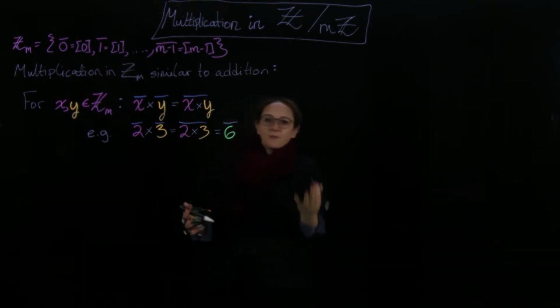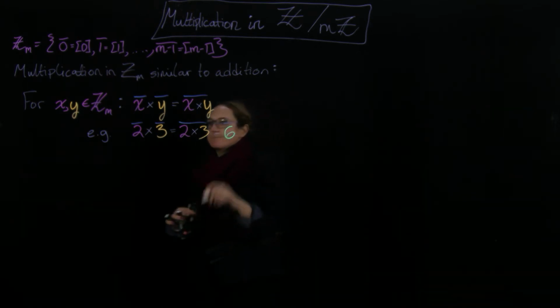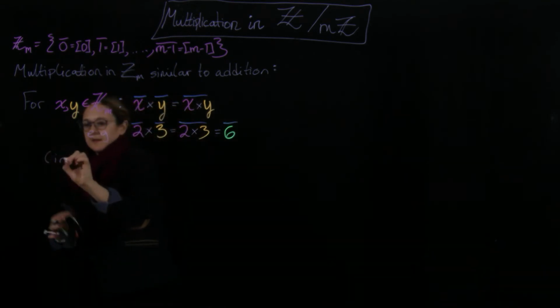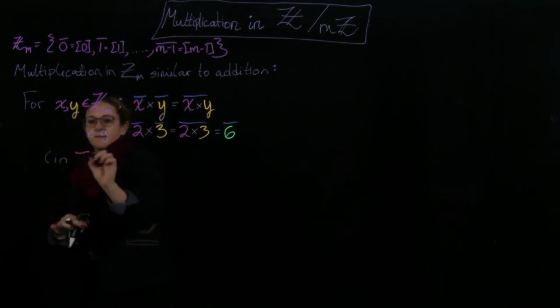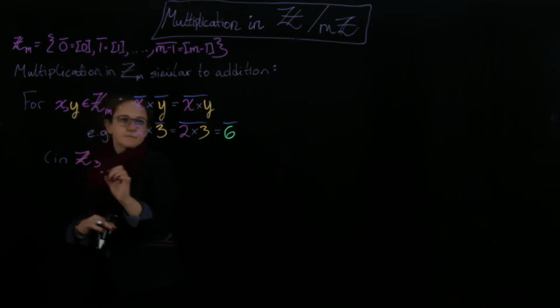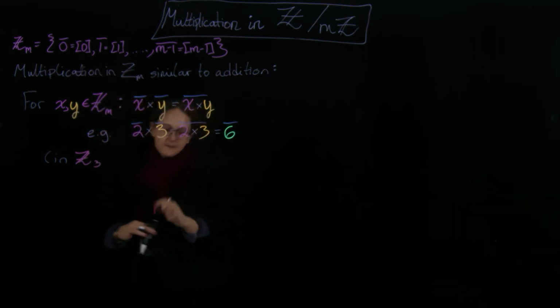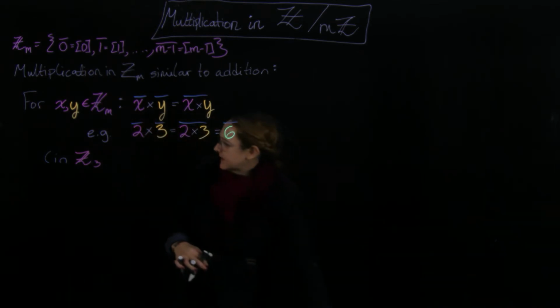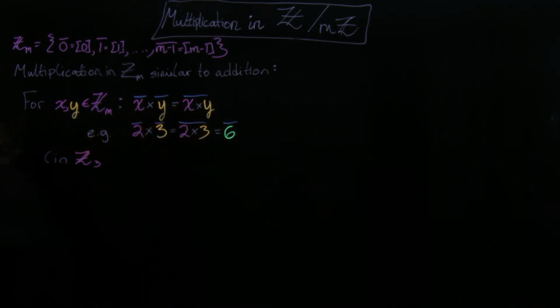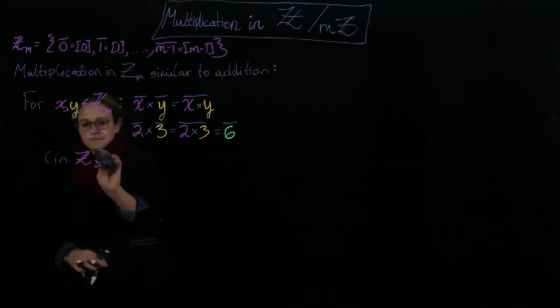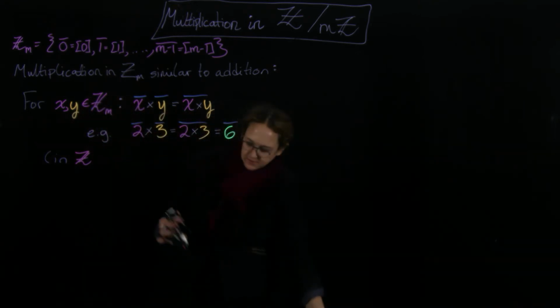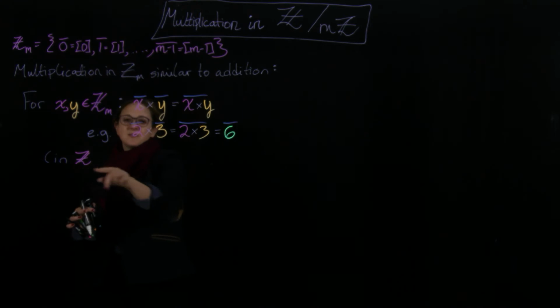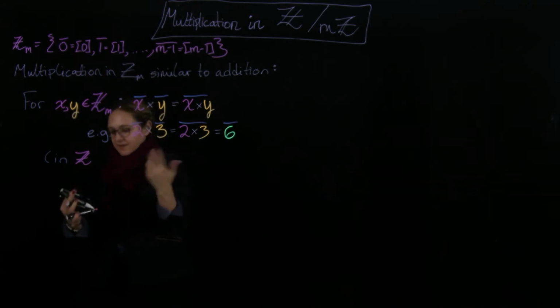And for example, in Z3 in particular, well, that's actually a funny one. I wrote it in my notes, and it turns out I don't like it, because then I wouldn't have written 3 there.